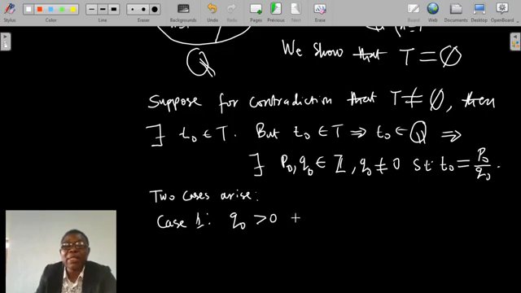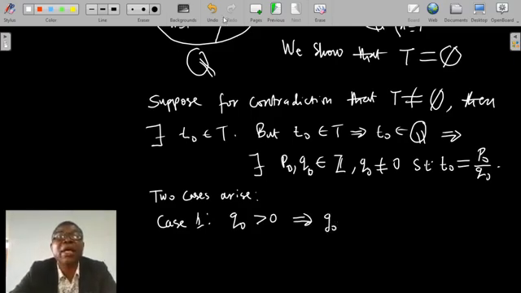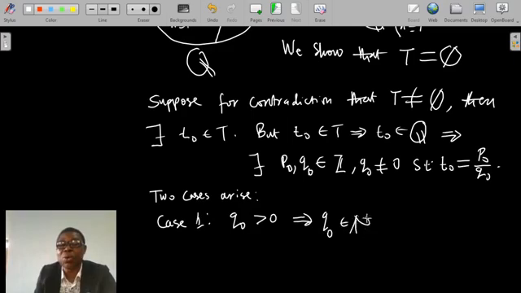Q naught bigger than 0 will imply that q naught is in the set of natural numbers because it's an integer.